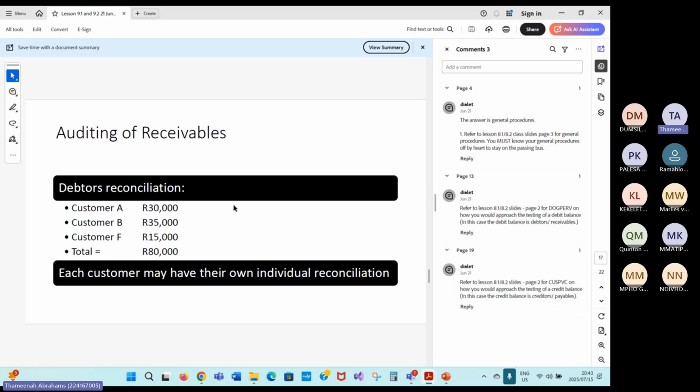It will be in the next one. So as an auditor, you will inspect the next month's statement to ensure that the 500 rand is in it, and you're going to inspect the bank statement as at the end of June to ensure that the client did make payment to the supplier. Make sense? So those are the types of procedures you'll do for an individual debtor or for an individual creditor.